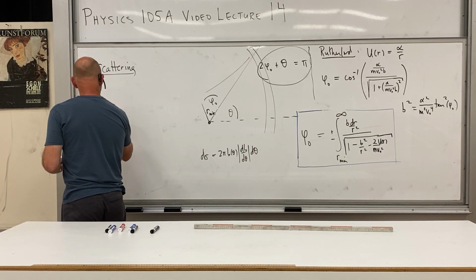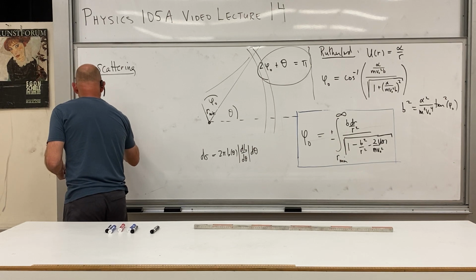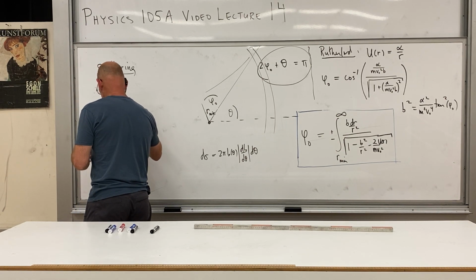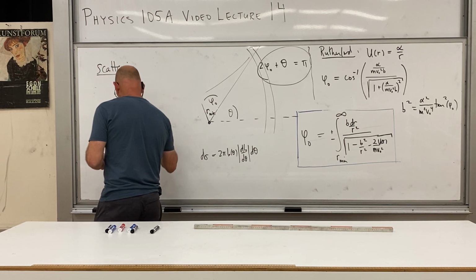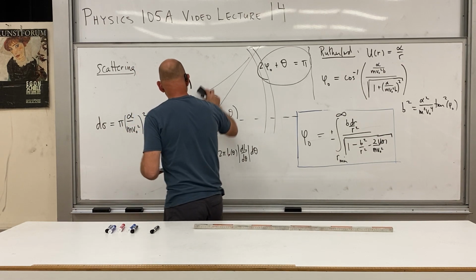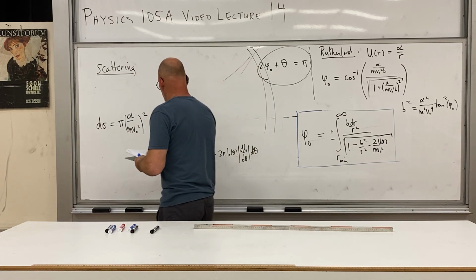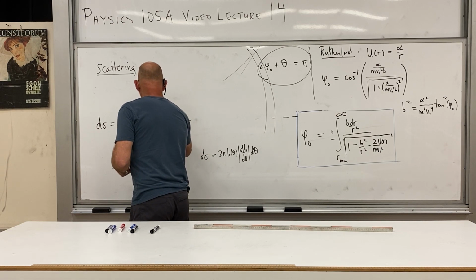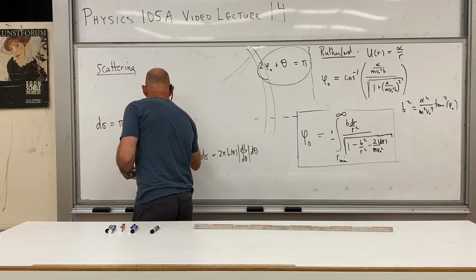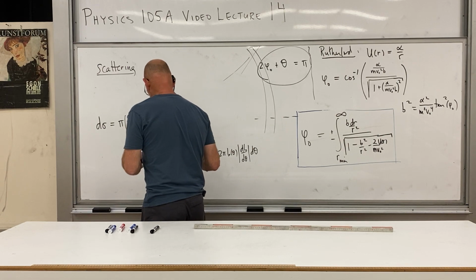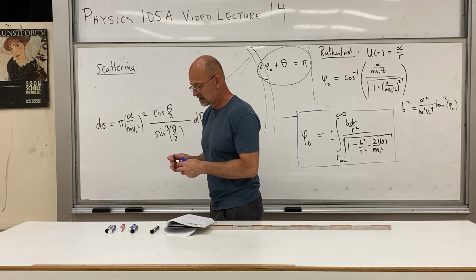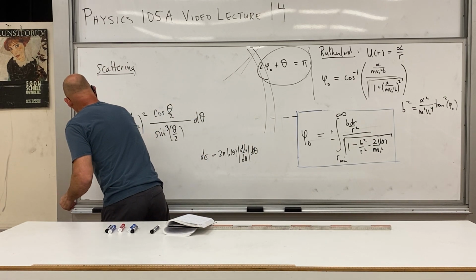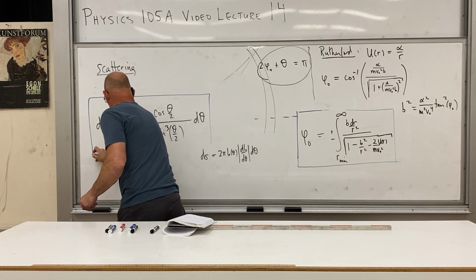We're going to end up with d sigma equals pi times alpha over m v naught squared, cosine theta over 2 over sine cubed theta over 2, d theta. Okay, put the box around here and see what it is we're looking at.